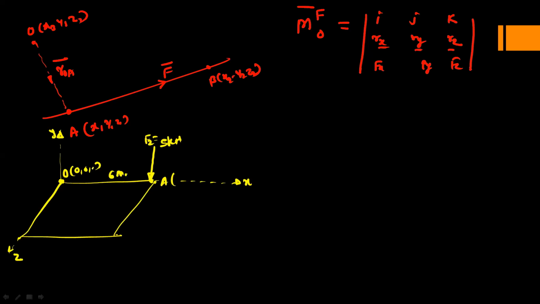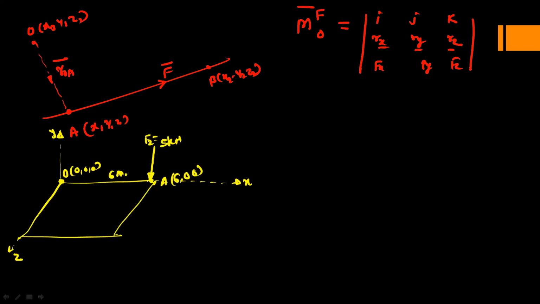So the coordinate for the point O, as it is the origin, is 0, 0, 0. For the point A at which the force is acting, the point A is exactly along the x direction, so its x coordinate is 6 meter. Its y coordinate is 0 because it is on the x axis, and therefore the z coordinate is also 0.